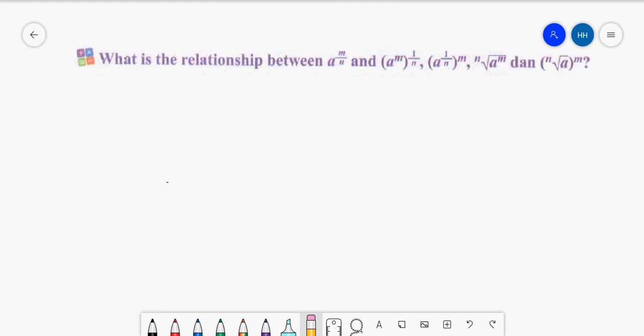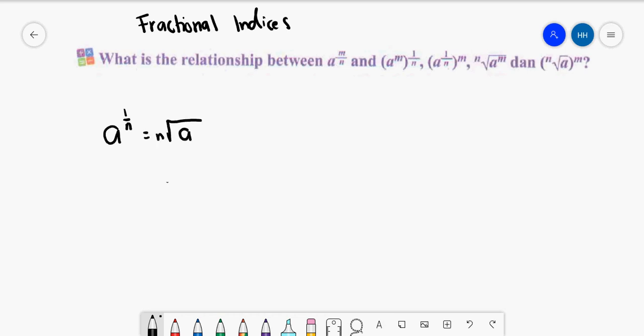During this lesson, we are going to learn about fractional indices. During our previous lesson, you already learned about the first part of fractional indices, that is a to the power of 1 over n is equal to the nth root of a.